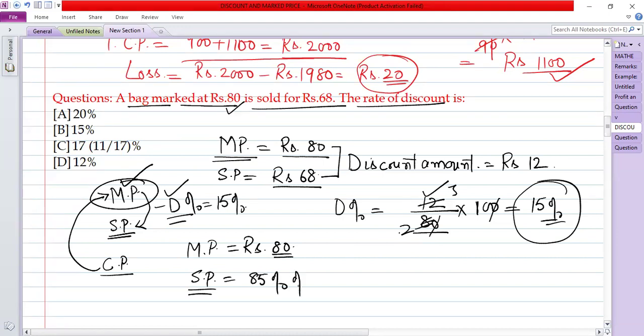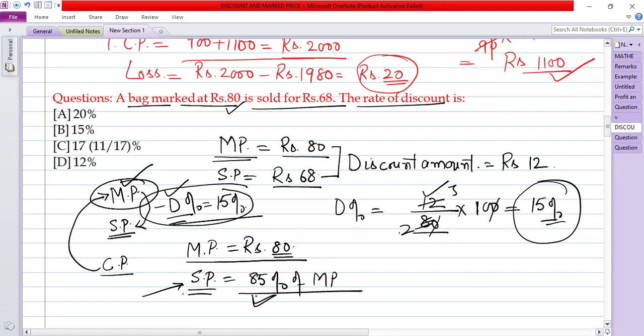It is 85% of marked price. Please mind this thing, this is important and we are going to use it.